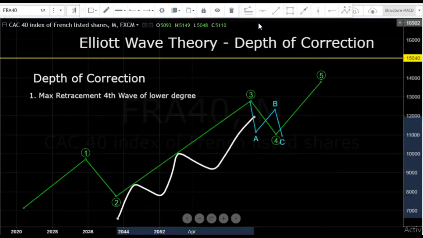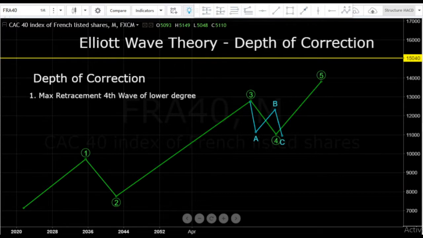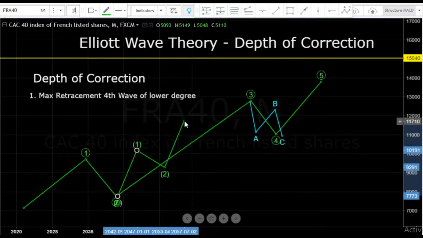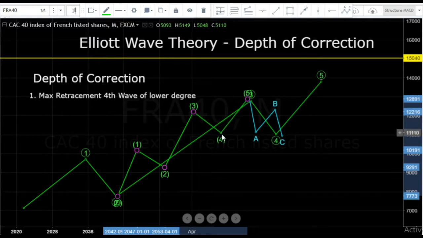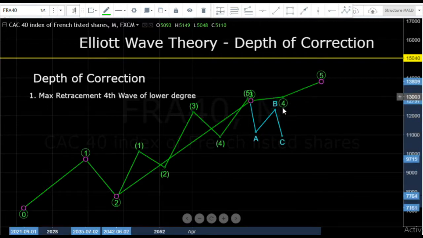So if we draw this in like this, might make it a bit clearer. So with the wave 1 coming up, wave 2, wave 3, wave 4, wave 5, just make sure we haven't drawn a diagonal. There we have it. And remember, at this point, this wave is in development. It hasn't happened yet.